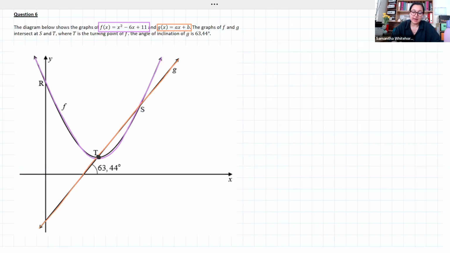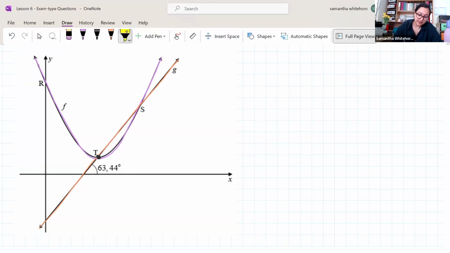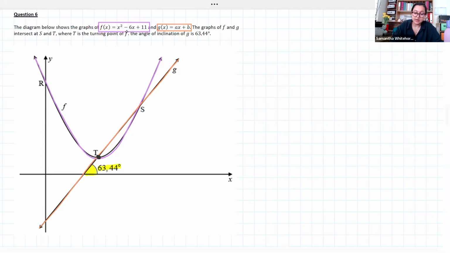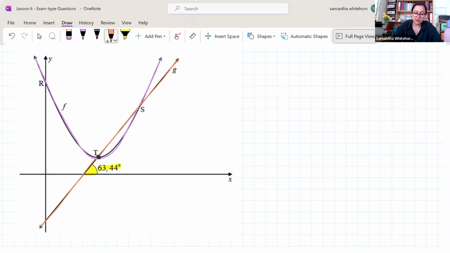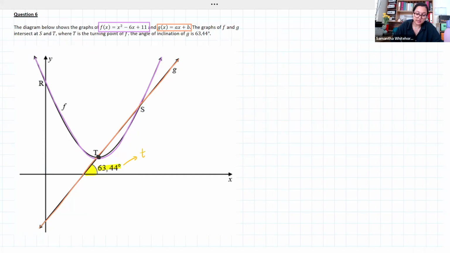We're then told that the angle of inclination of g is 63,44 degrees. If you have a look, that's given to us here on the graph. Before we go any further, remember that angle of inclination comes from analytical geometry, and it says that tan theta will give us our gradient.